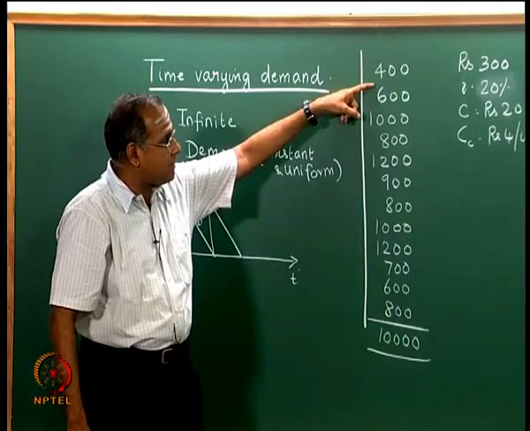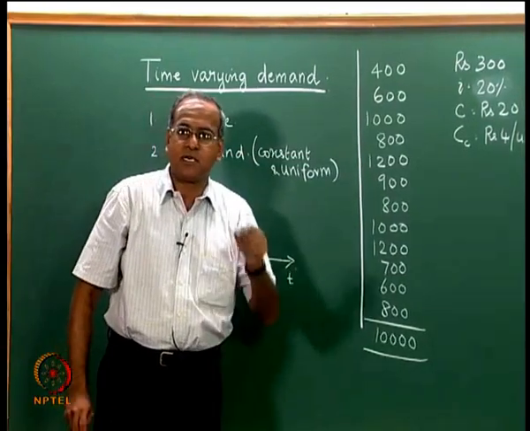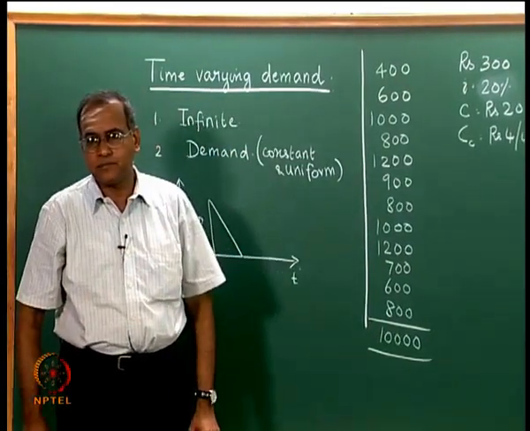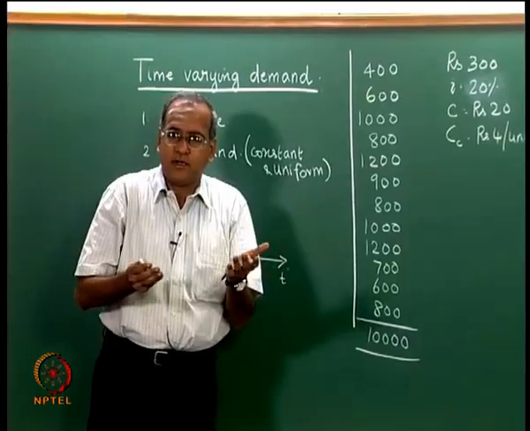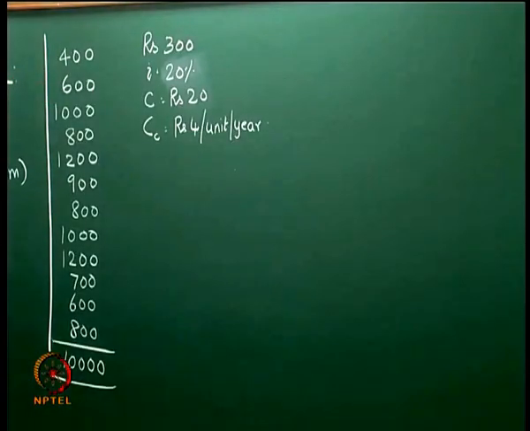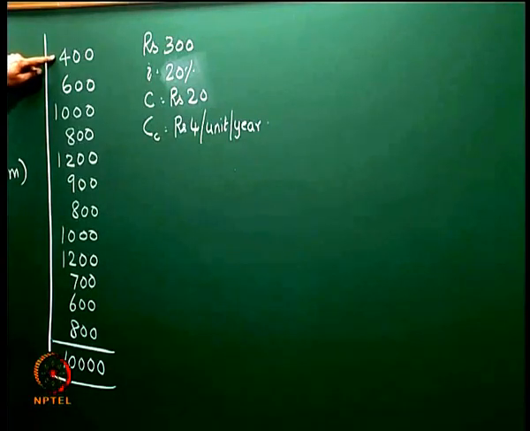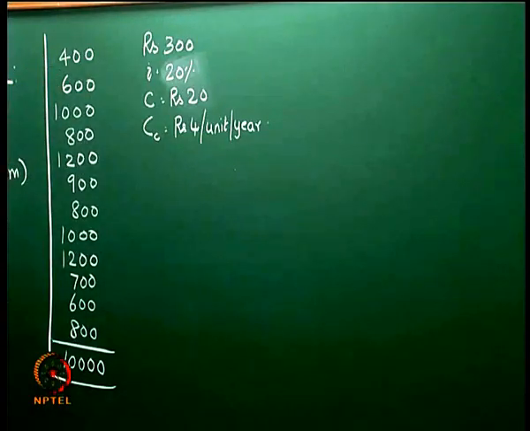With that 100 we will not be able to meet this 600, which means somewhere in between we have to place an order for another 500. So on the face of it, if we order a quantity which is in between these two demands, it is quite likely that we end up making one additional order. If we really want to save that order, it makes it easier to assume that we would rather order a 400 or rather order a 1000 and not a number that is in between.